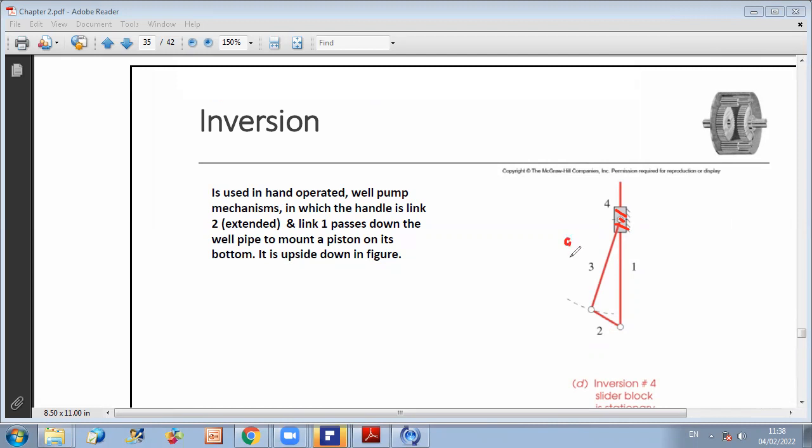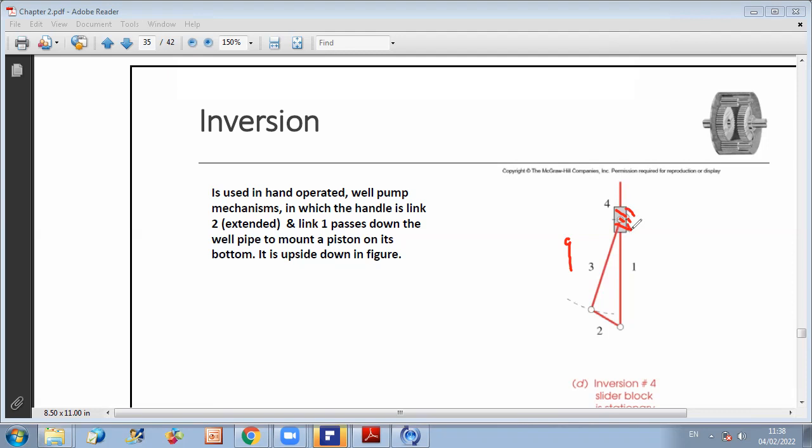If I'm fixed to the ground, I will see that this block is not moving. So I was able to create a stationary case when I considered that link 4 is grounded.